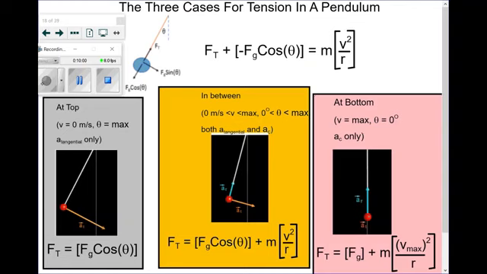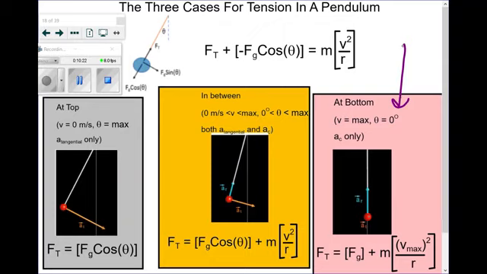Here I can see the three classic cases or positions that a pendulum will be in when we're looking to find the tension force. We have the very bottom where theta is 0, so I can just say F_t equals force of gravity plus m times the centripetal acceleration.